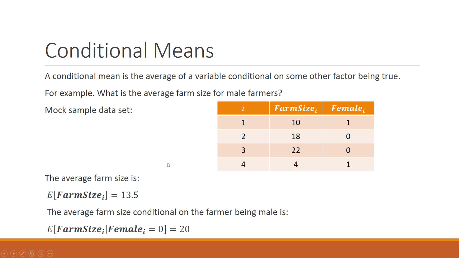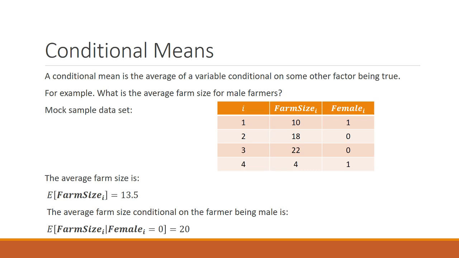Okay, with that, I want to introduce another concept, another convenient measurement that will be important as we begin to think about describing our data and looking at the effect of one variable on another.